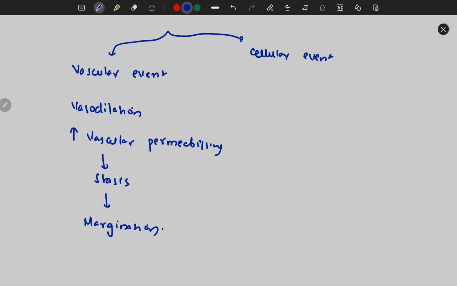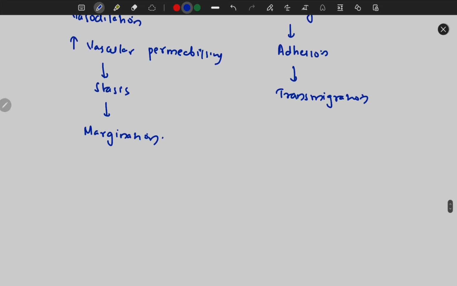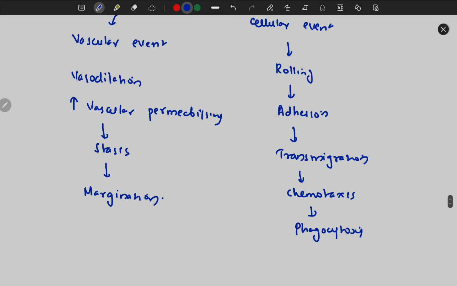In cellular events, that is what is happening to the WBC: there will be rolling, adhesion, then transmigration, chemotaxis, and phagocytosis. Now each of these events will be dealt with in detail.